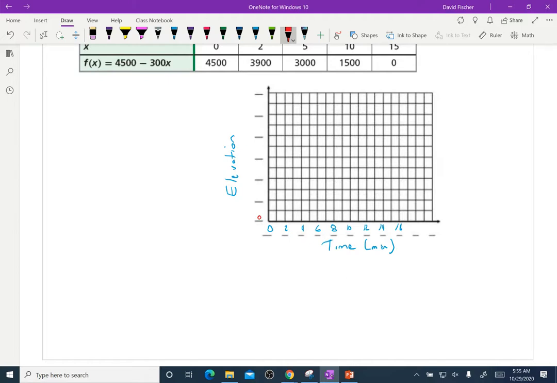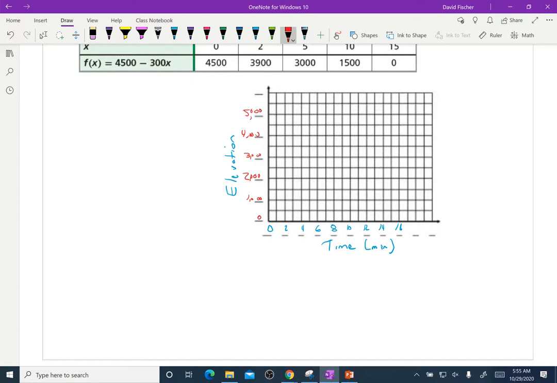So let's count by thousands. Really I'm counting by 500s, but I'm just going to list every other one. So this would be 2,000, 3,000, 4,000. Yeah, that's going to be okay because 4,500 would be right about here. 5,000. That's not too bad.